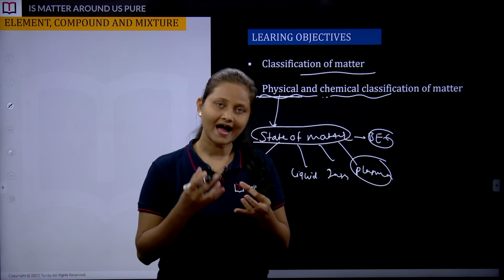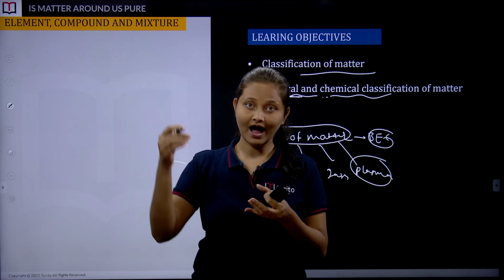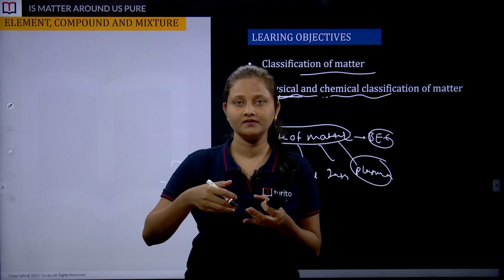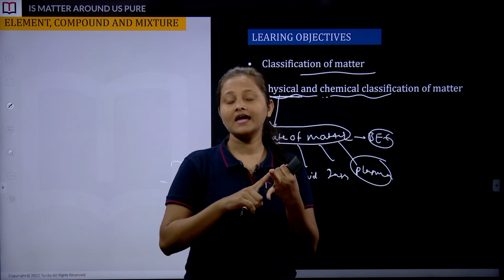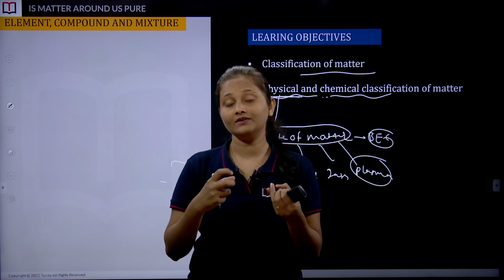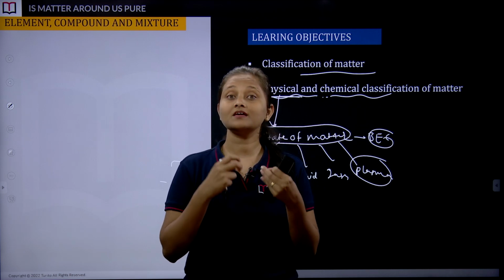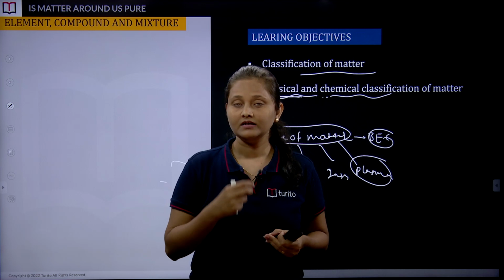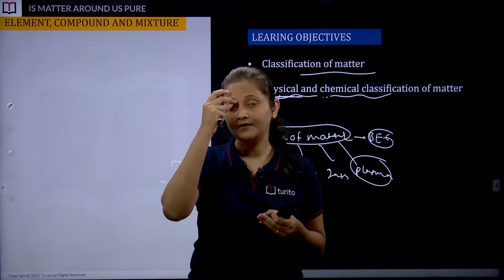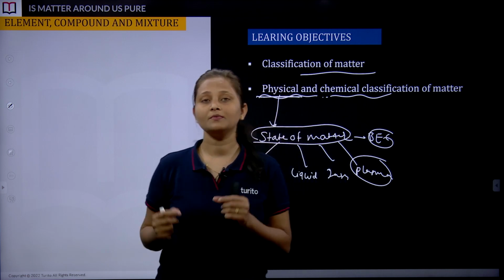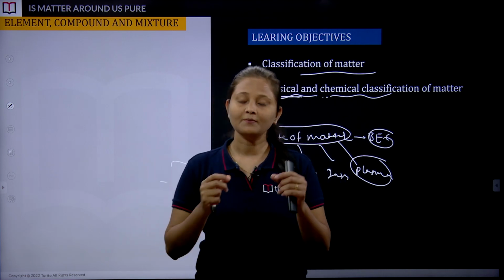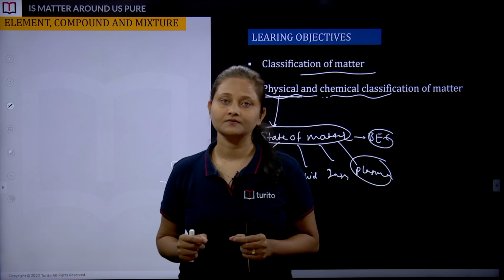To understand what that matter has, we will have to see inside the matter, right? Like what is the chemical composition, how that matter reacts, what is the reactivity of that matter, what is the chemical nature of that matter, either acidic, basic, neutral, etc. So these were some properties which we termed as chemical properties, correct? And based on this, we have chemical classification.